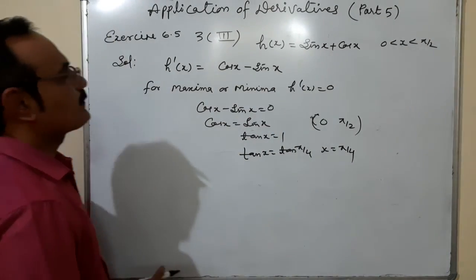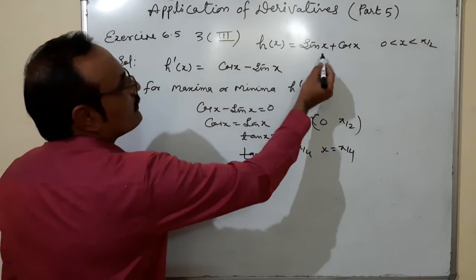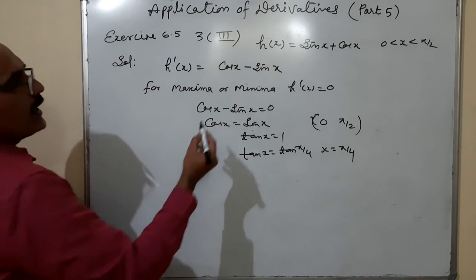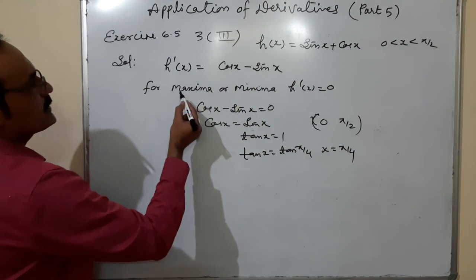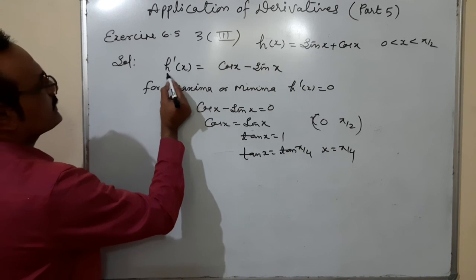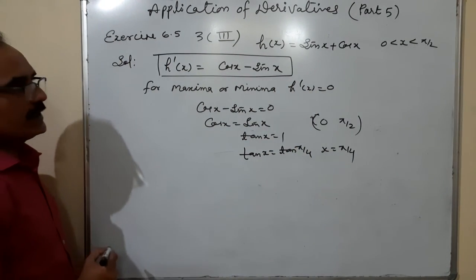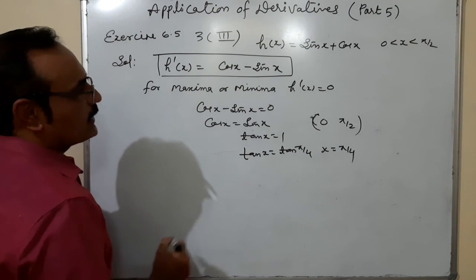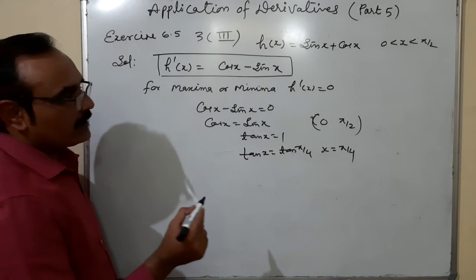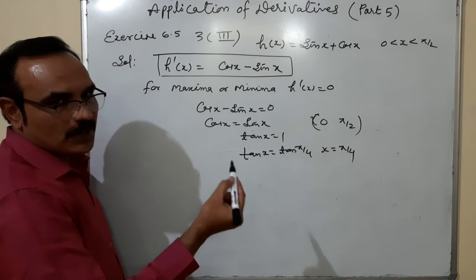what are we finding here? This is h dash x, the differentiable term. Let us see the sign, whether it is greater than or less than 0, because we are going to find the maxima or minimum values.